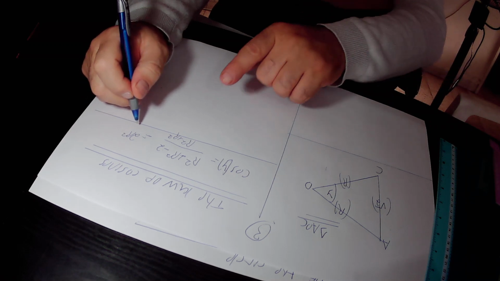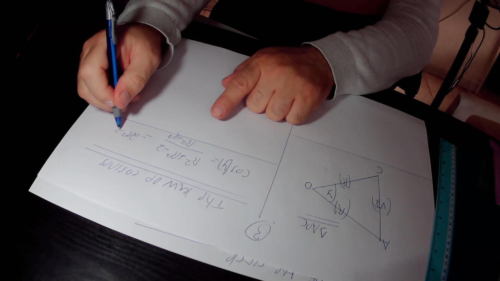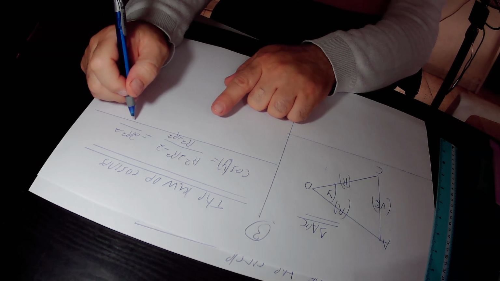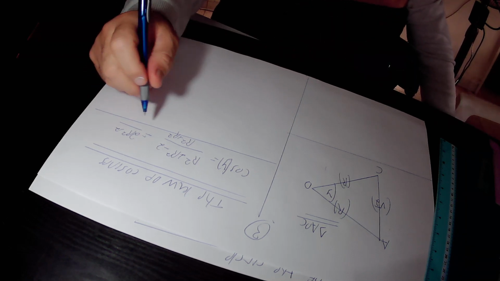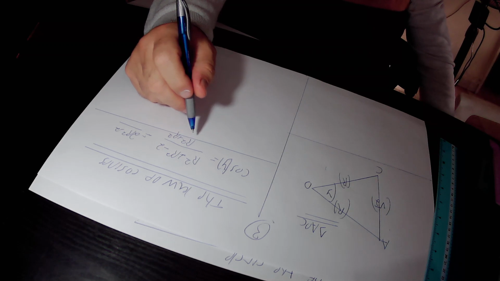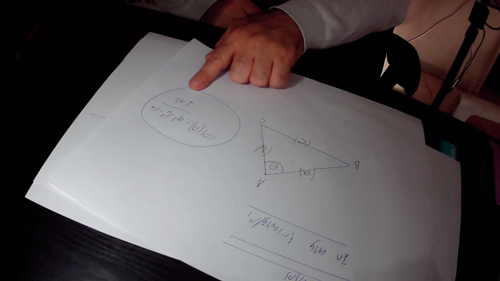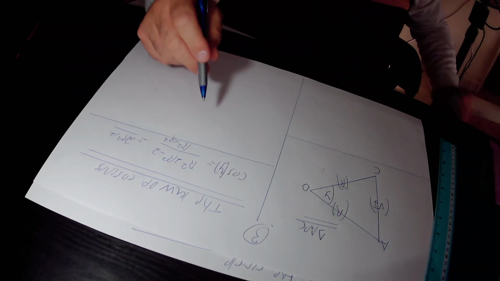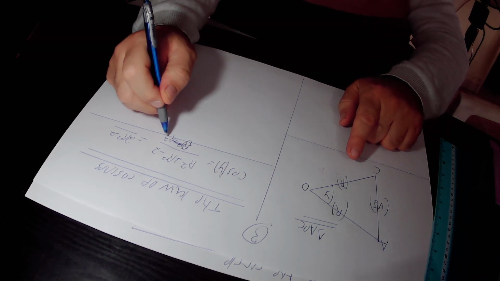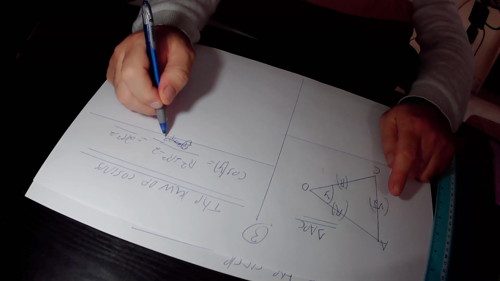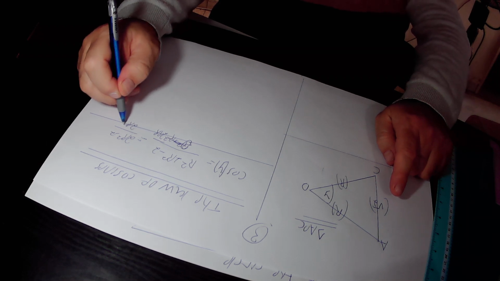So in the numerator of this expression, we have 2R squared minus 2, over 2 times R times R. 2 times R times R is 2R squared.